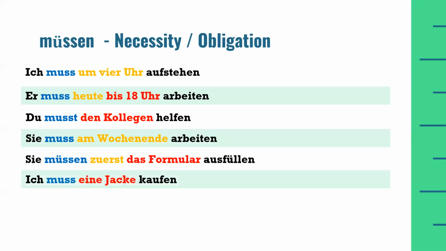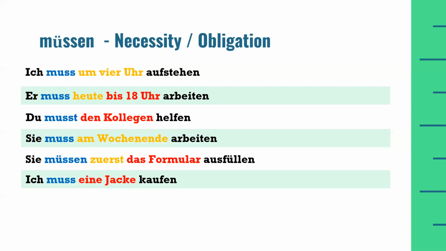Next example is ich muss eine Jacke kaufen. I have to buy a jacket. It is necessary that I buy a jacket because winter is coming, for example. Therefore, I am using müssen modal verb in this sentence, and I'm conjugating it according to the subject ich, and for ich, müssen becomes muss.